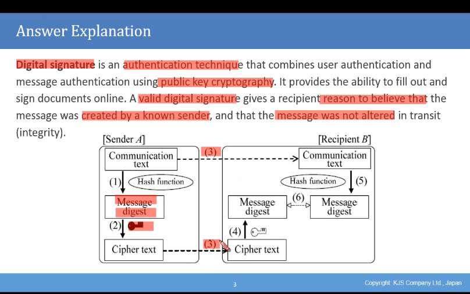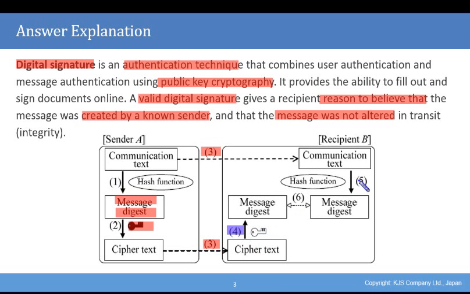The fourth stage is going to be that recipient B decrypts the cipher text using sender A's public key. So here we decrypt the cipher text in stage 4. In stage 5, recipient B calculates a message digest from the received communication text.